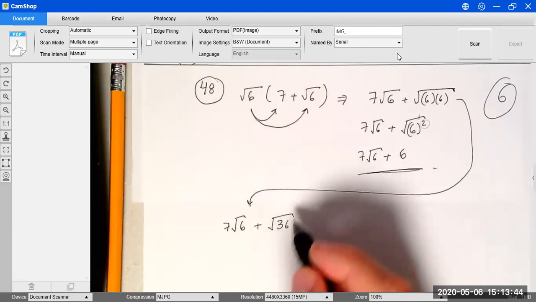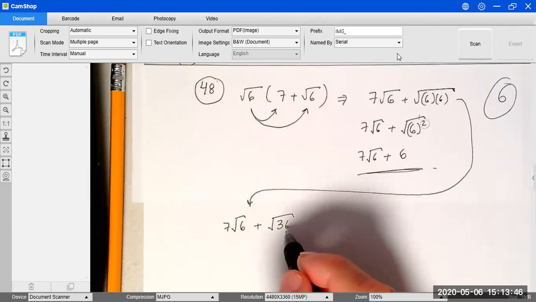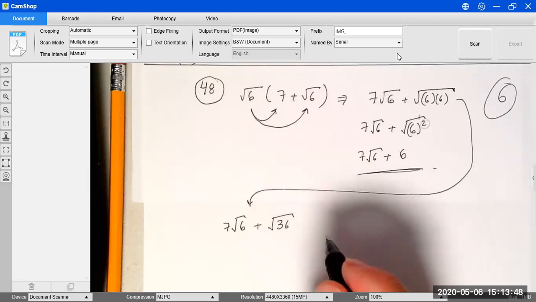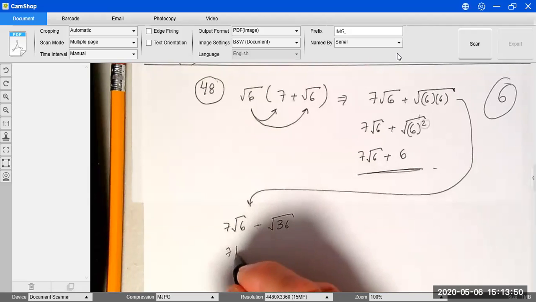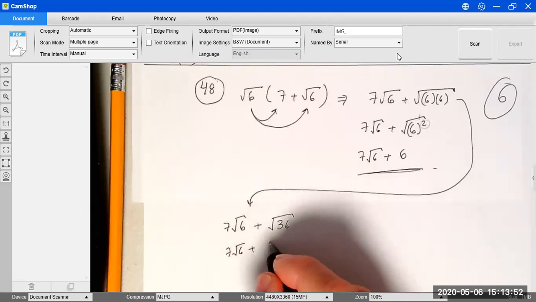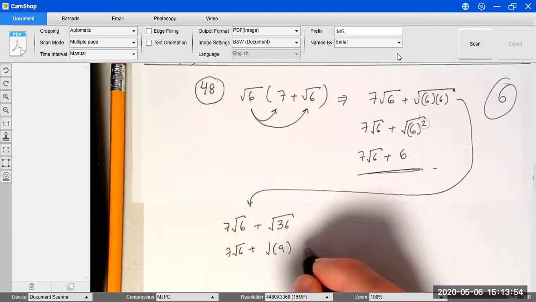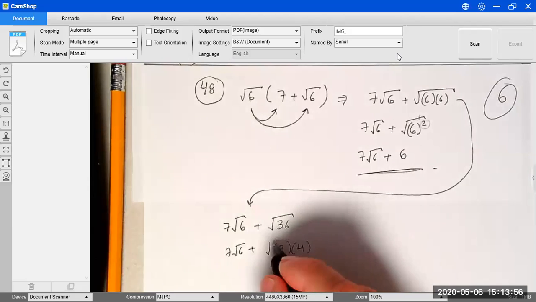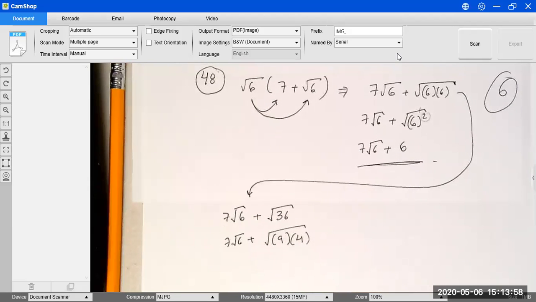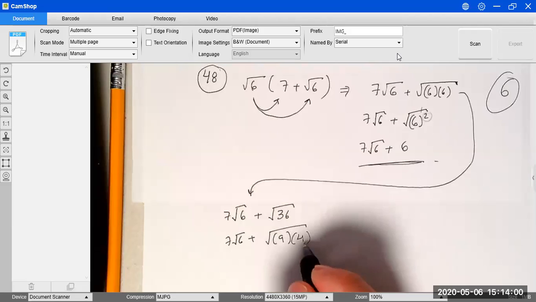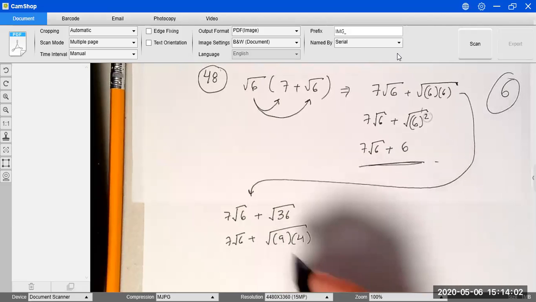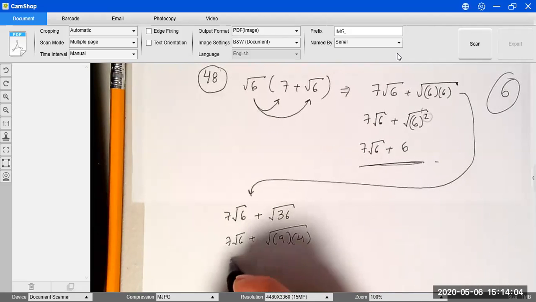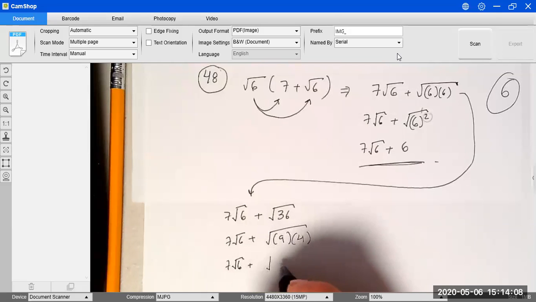So now you see, oh, I can factor 36 as 9 times 4. So I'm going to do that. I'm going to write the square root of 9 times 4. And you see, oh, this is a perfect square, but this is also a perfect square. It's fine. You can have two perfect squares. So let's write those by using a radical sign for each.